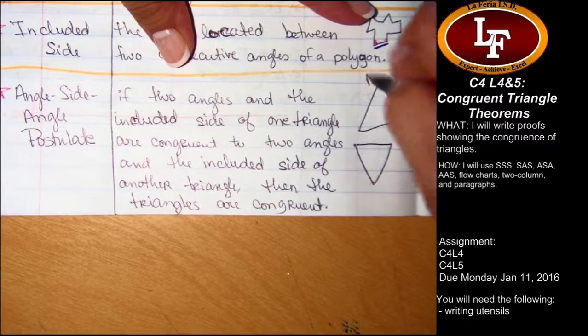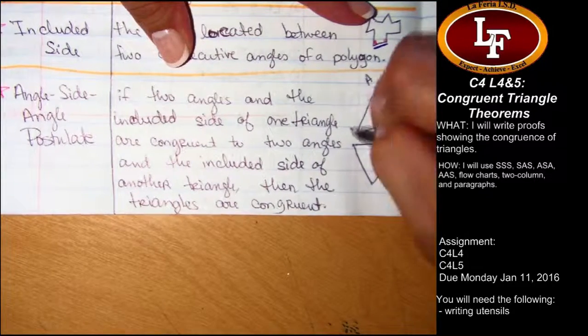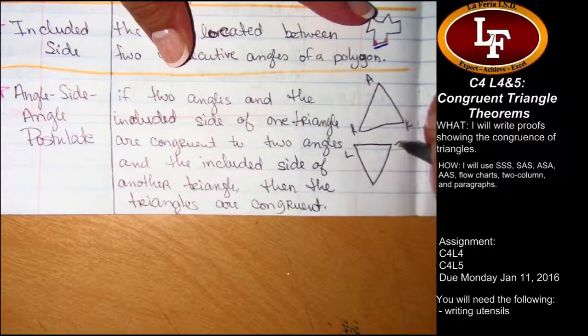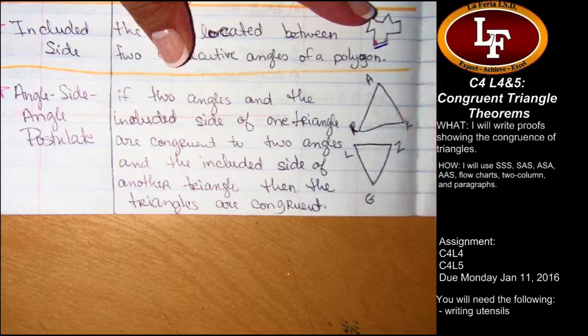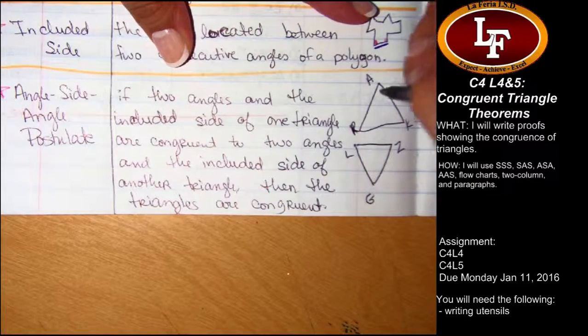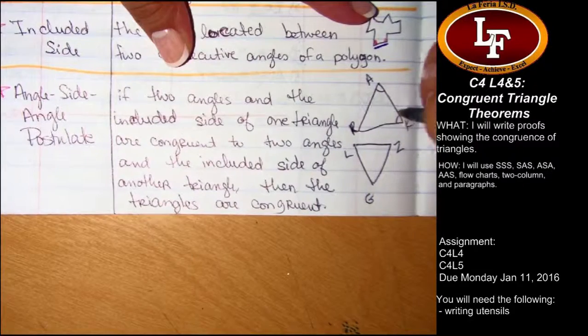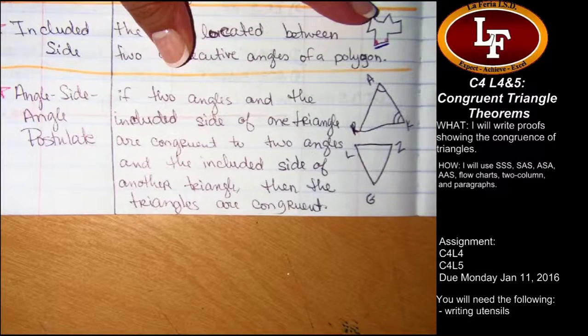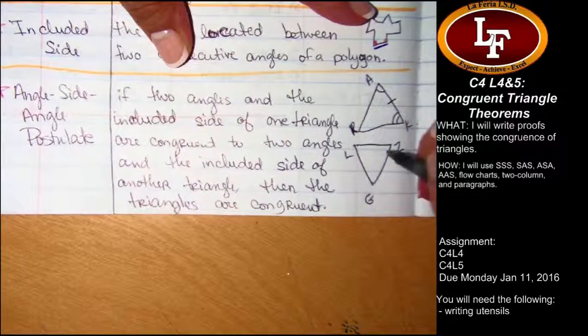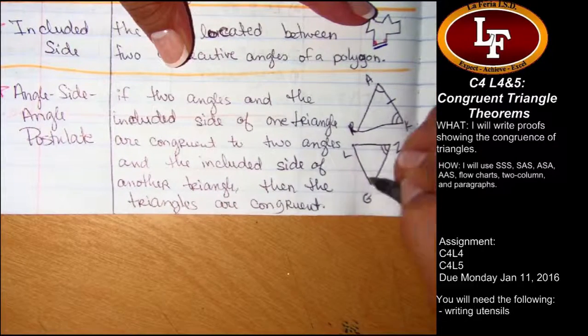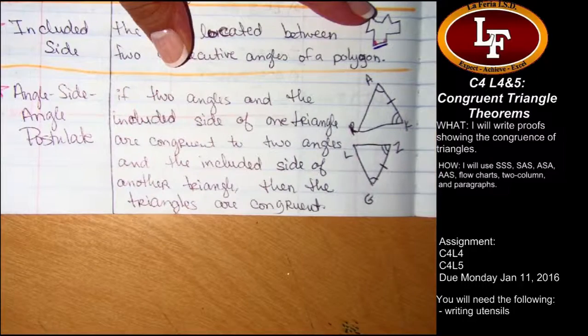A, R, Z. There we go. This says two angles, so 1, 2, and the included side. So that's the side in between the two angles.